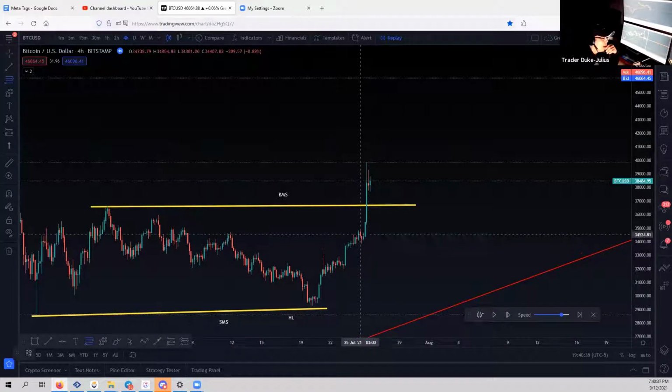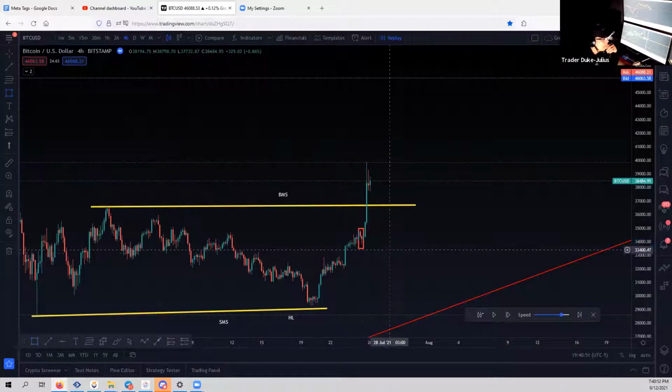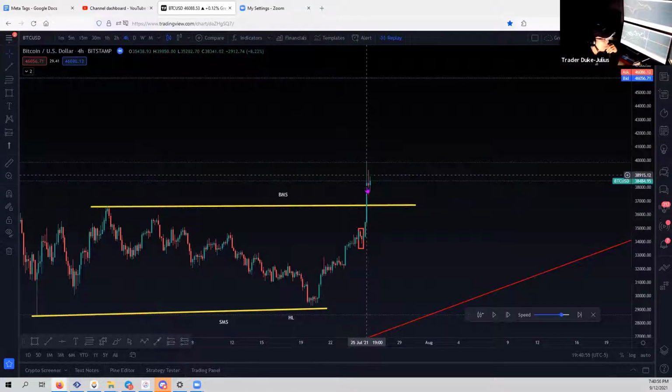In this case, this is where I would have put my fib level right here, because this is an order block, or this right here, this block of orders right there. This is a pullback that created this push to the upside, this impulse.